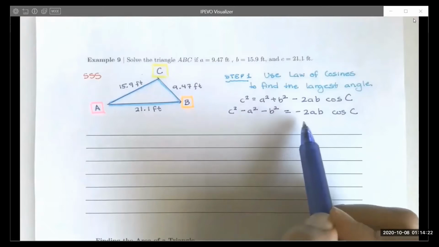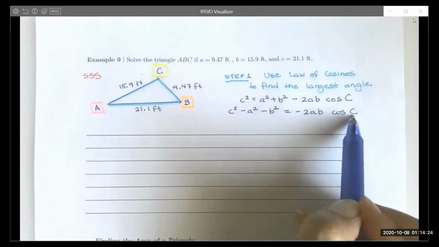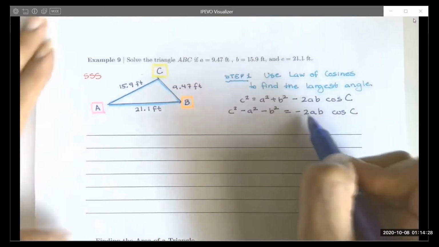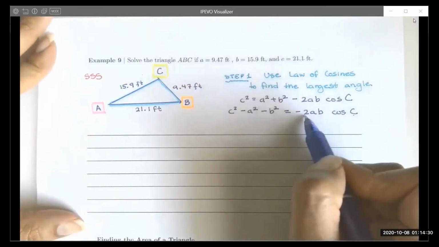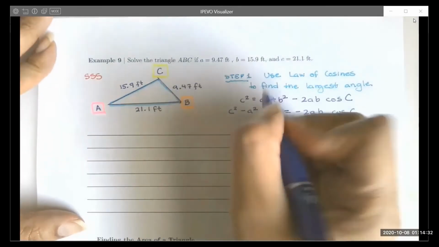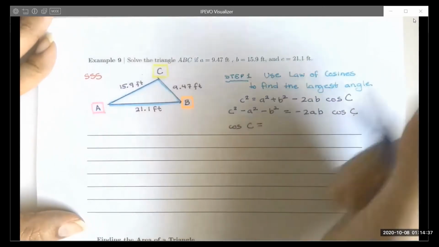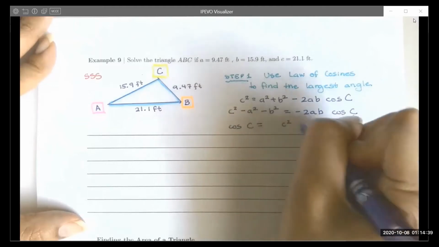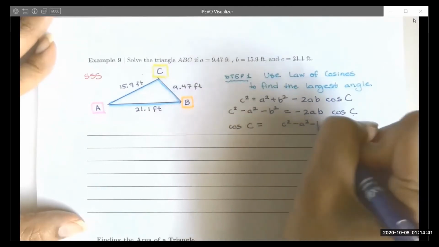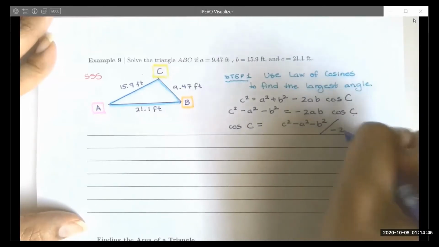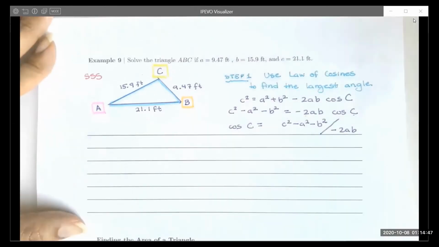And then from there, remember our goal is still to find angle C, so I need to isolate it. That means I can divide both sides by the negative 2AB, and that's going to give us that cosine of angle C is equal to C squared minus A squared minus B squared divided by negative 2AB.